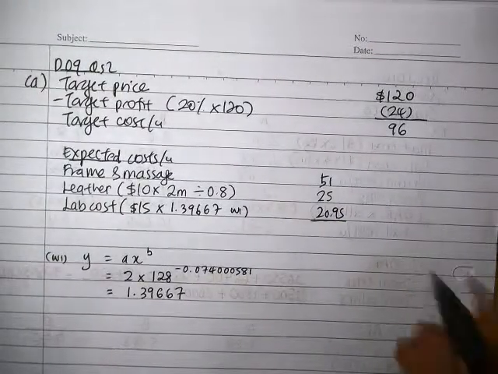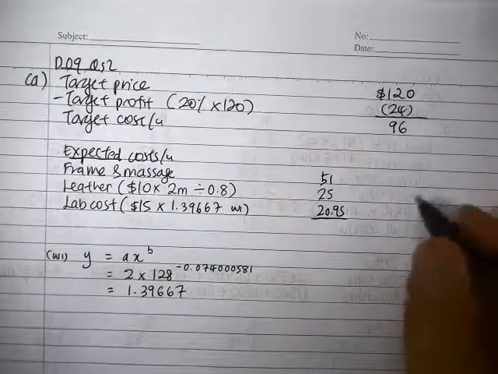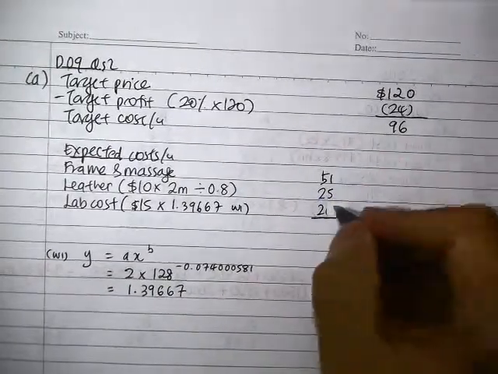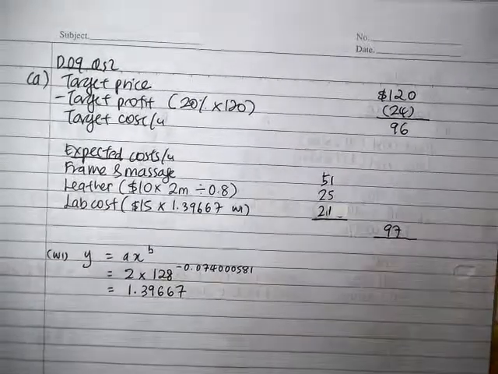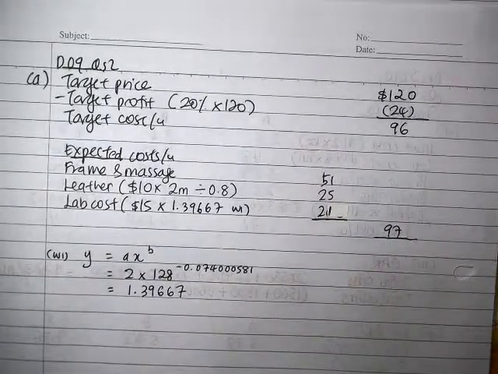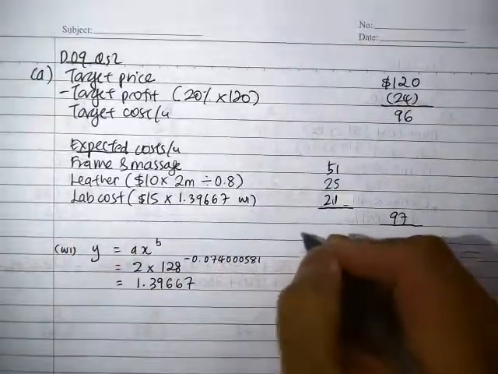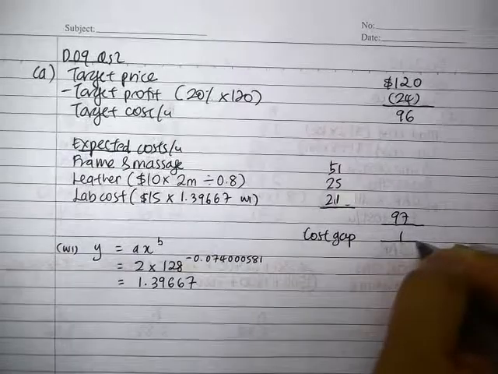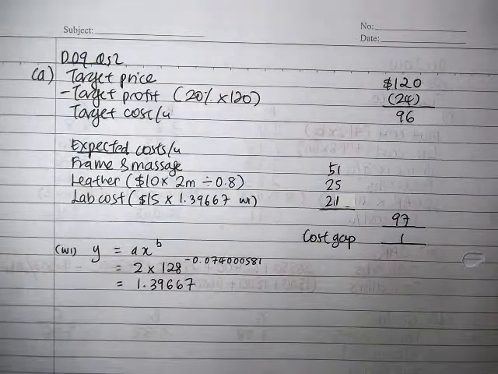It's very close to 21, so I just round it to 21. Okay, so the cost is 97. Now this is my cost gap. It is $1. Okay, so the cost is higher by $1.